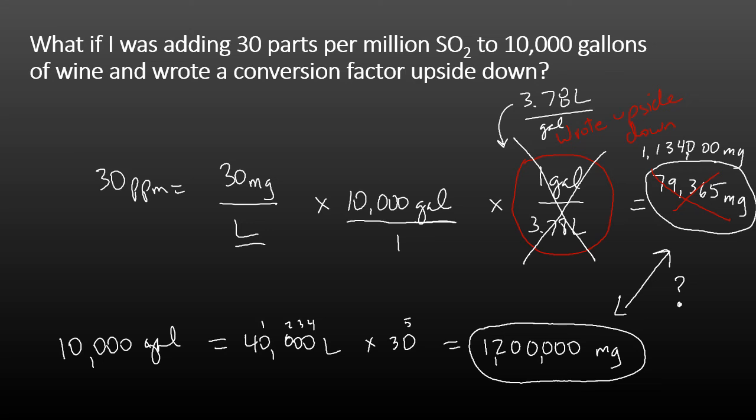That is much closer to the ballpark big picture smell test answer that I got by doing this in my head. All right, so that is what this is good for. Just checking, make sure we're in the ballpark. It catches errors like writing conversion factors upside down.